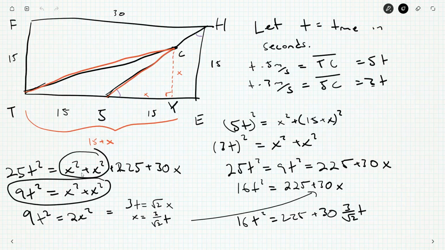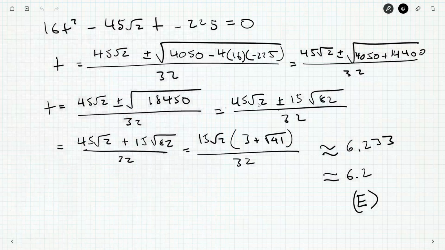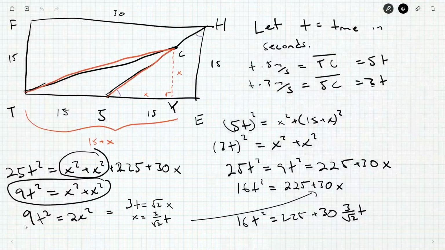Yes, that's all well and good. Needed an extra piece of information. I did expand this, right? 225 and then 2 times 15. Yeah, 30. Okay. Extra piece of information we got from here. We solved for x in terms of t. Plugged that in. Got a quadratic with a square root 2, which always makes me a little nervous. I did solve for that, right? 3t root 2x.